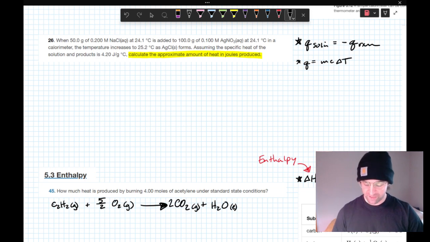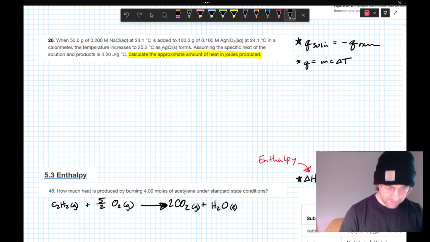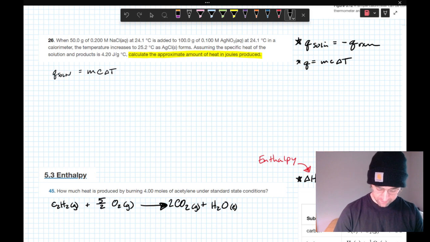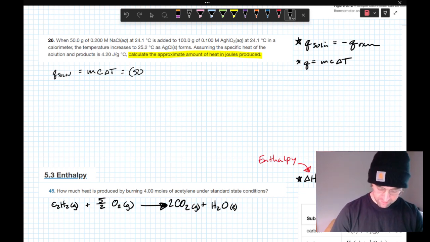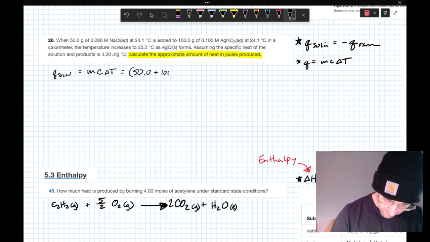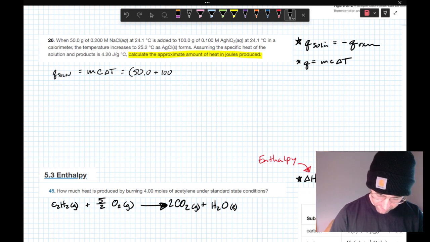Very similar setup here. So Q solution equals mcΔT. We're given a mass of sodium chloride, we'll start there, plus the mass of silver nitrate.